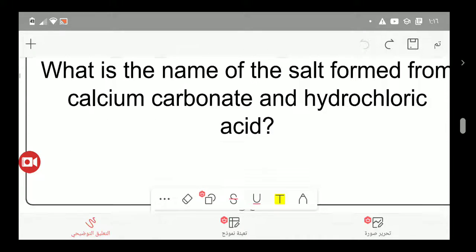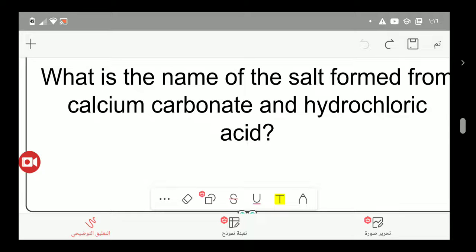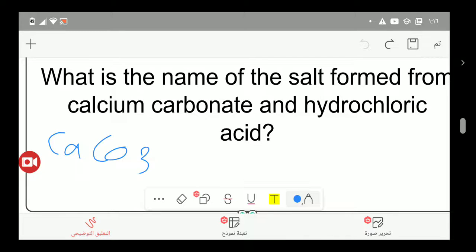Zinc nitrate. What is the name of the salt formed when calcium carbonate reacts with hydrochloric acid? The formula of calcium carbonate is CaCO3, and it reacts with hydrochloric acid, HCl.